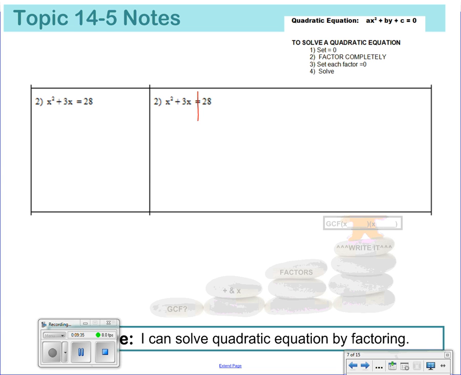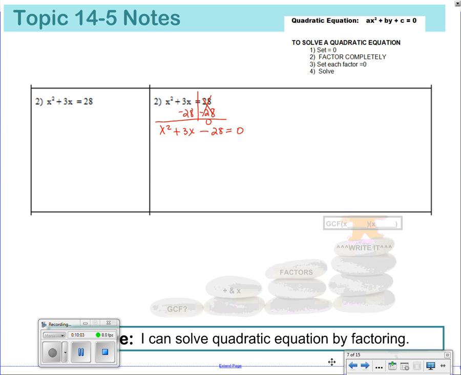To make it equal to 0, I'm going to do the opposite of positive 28, so I'm going to subtract 28 from both sides. In subtracting 28 from both sides, we get x squared plus 3x minus 28 equal to 0, because 28 minus 28 is equal to 0.